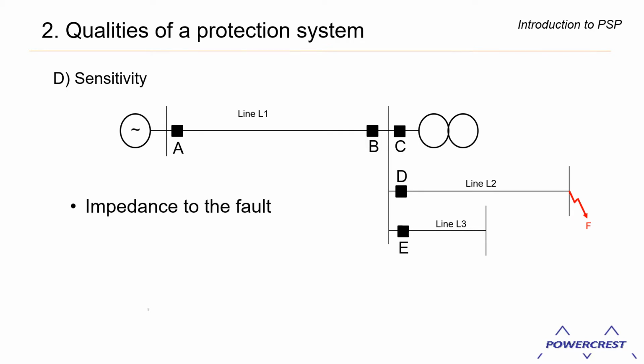One would be the impedance to the fault, right? So we need to look at the line impedance of line L1, the impedance of line L2. We need to consider a phase-to-phase fault at F, right? Phase-to-phase faults are less than three-phase faults and are typically about 86% of the three-phase fault value.